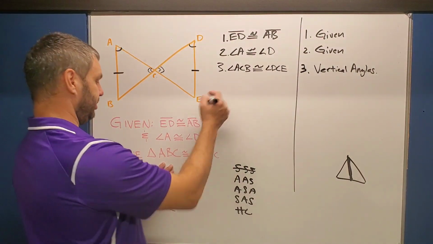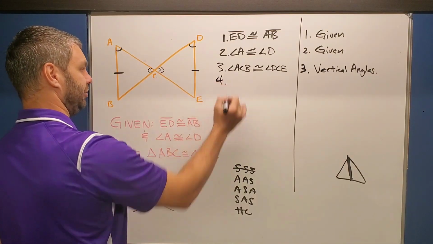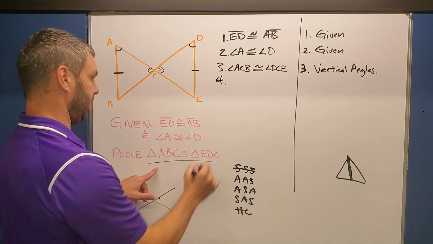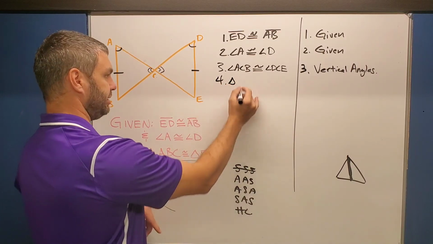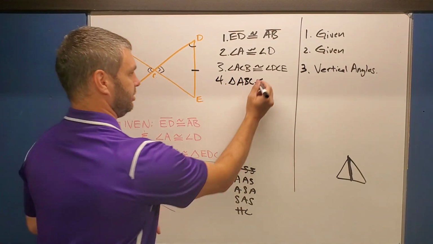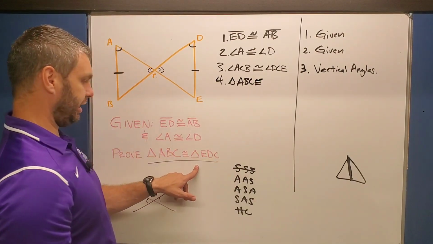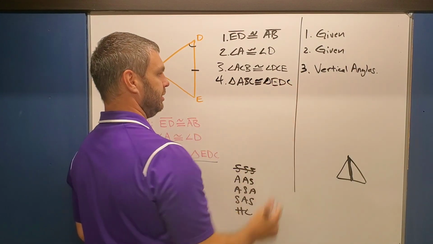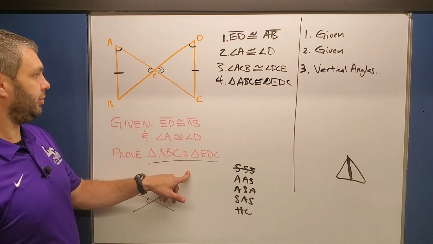All right, then the last thing is we need to show that it is proved now. And so I can put my proof statement in this last line, which in this one is number 4, and just recopy the proof statement, which is triangle ABC is congruent to triangle EDC. And then the reason for that, well, what do we have now?